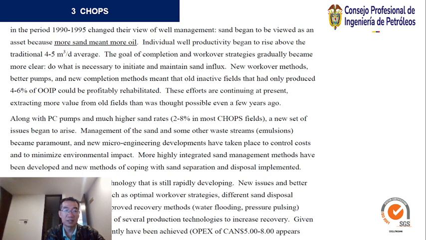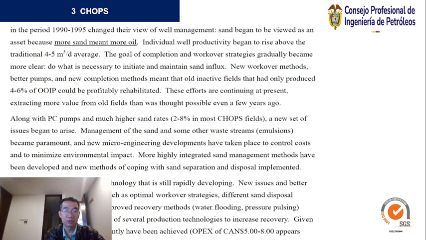New issues and better methods are being addressed, such as optimal workover strategy, different sand disposal practice, implementation of improved recovery methods, water flooding pressure pulsing, along with CHOPS and a hybrid of several production technologies to increase recovery.